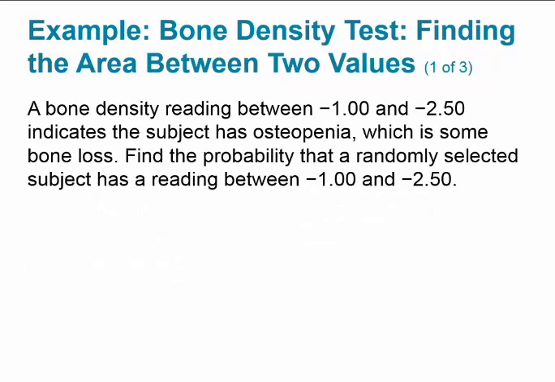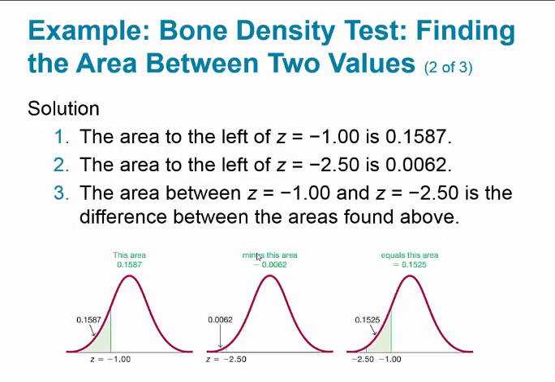Now, the next one, bone density reading between -1 and -2.5. In this case the subject in fact has a form of osteoporosis, which is some bone loss. So we're going to find the probability that a randomly selected subject has a reading between -1 and -2.5.